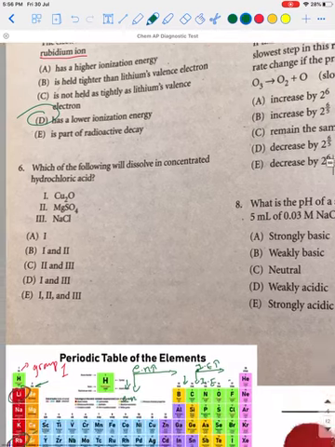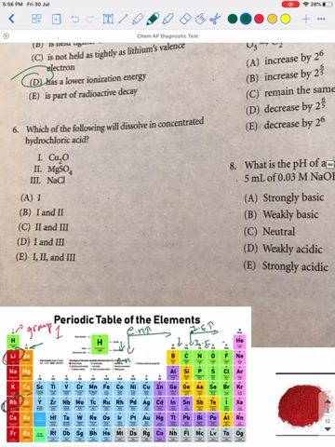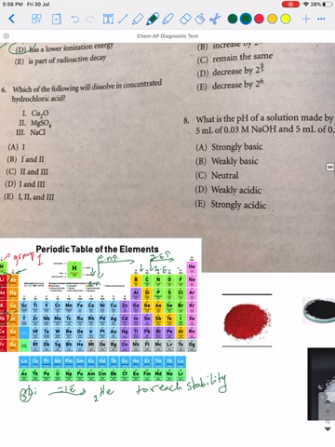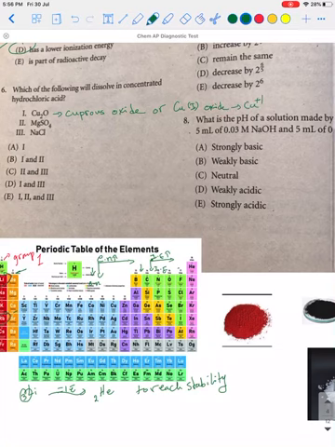Now let us see number 6. Which of the following will dissolve in concentrated hydrochloric acid? Cu2O, this we call cuprous oxide, or we can also call it copper 1. The copper ion here is +1, and it's red in color.